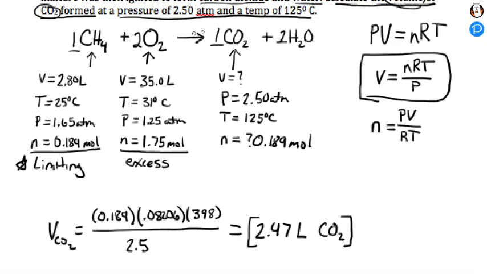Keep in mind that anytime we have a problem that says the amount of something produced, more often than not you're going to have to figure out which reactant is limiting and which one is in excess. And when we're working with gases, we can use the ideal gas law to help us determine the number of moles in each one.